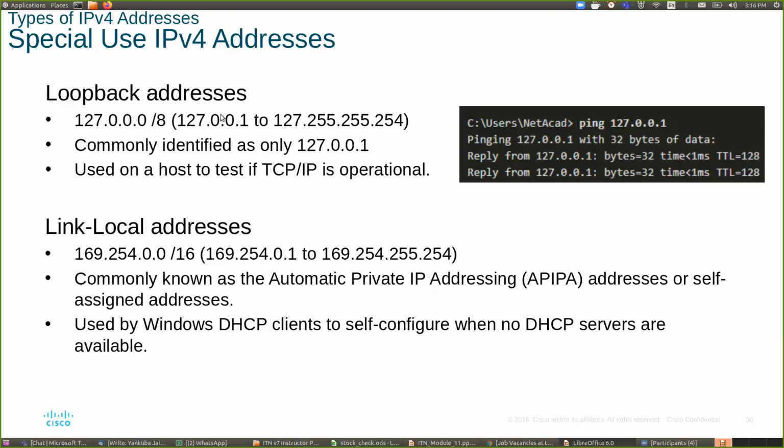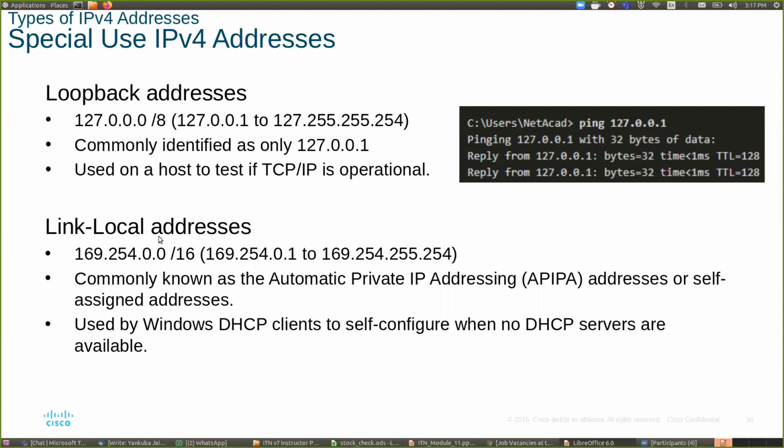It's called the loopback address, 127.0.0.1. You can test your own computer's network interface card to see if it is functioning by sending a ping to 127.0.0.1. That is a loopback address.